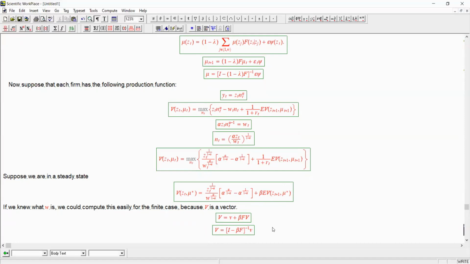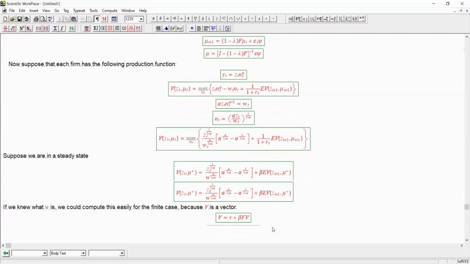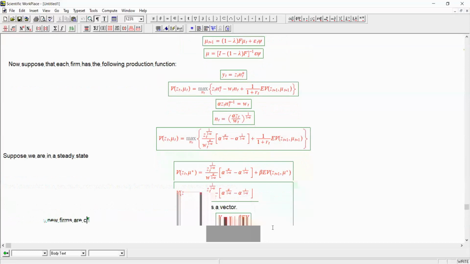And we can actually figure out what W is quite easily here. There's one thing missing from our model setup, other than the utility function, and that is that we know that each period epsilon t new firms are created. We didn't say how. Now we're going to say how.